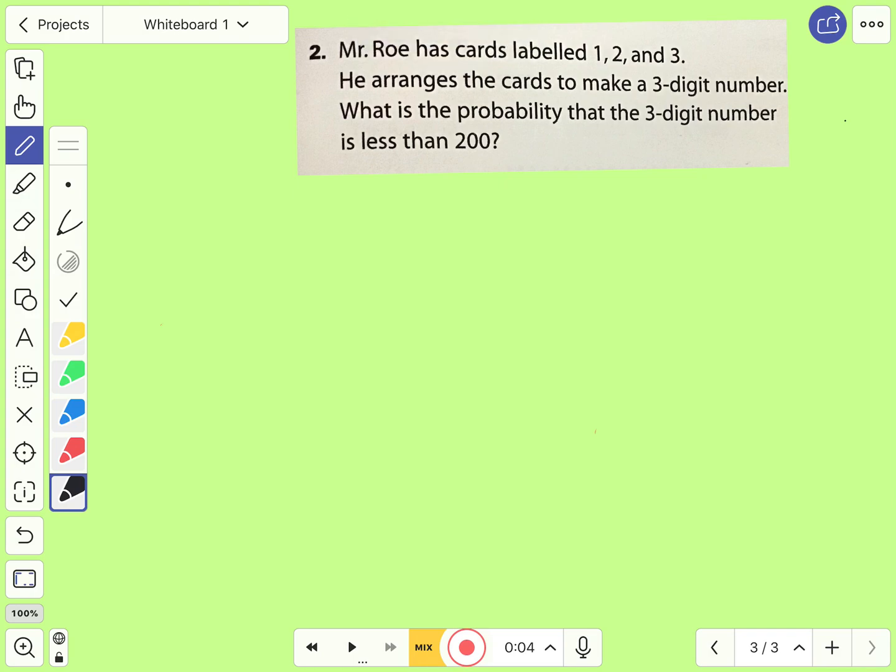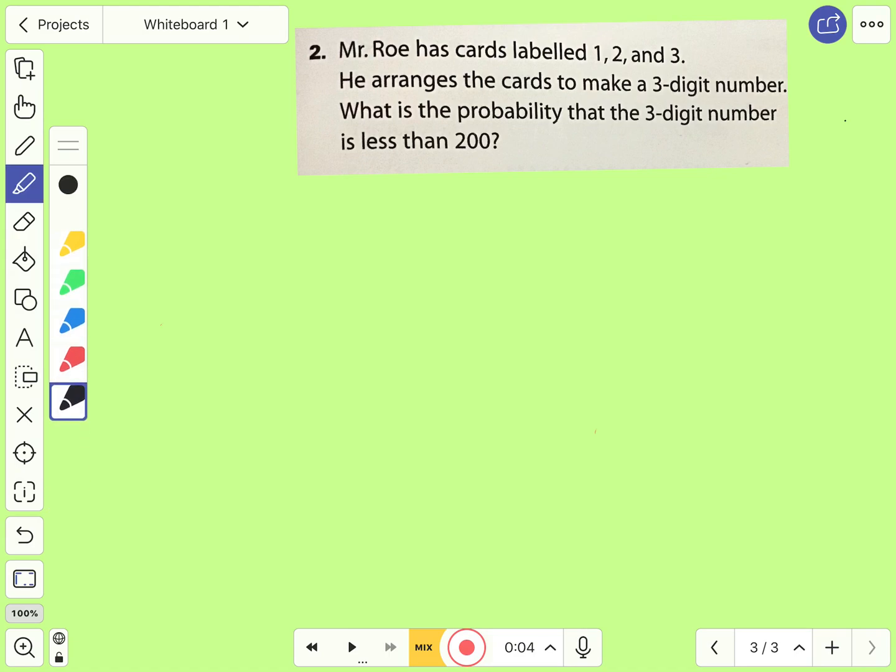Mr. Rowe has cards labeled 1, 2, and 3. He arranges the cards to make a 3-digit number. What is the probability that the 3-digit number is less than 200? So using our reading strategies, we are going to highlight the important information.